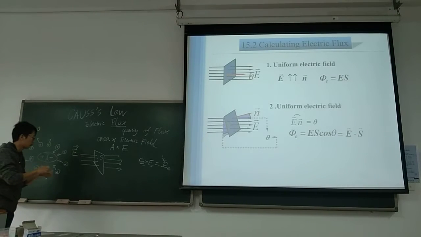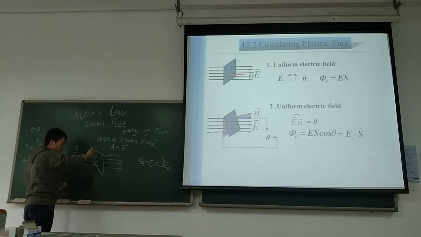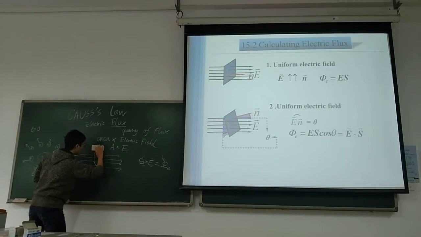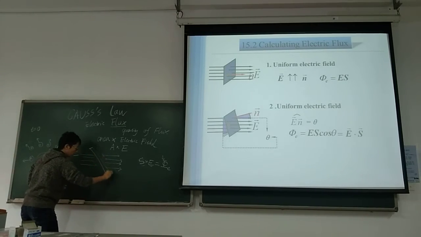That is a special situation. If the electric field is not vertical to the surface, there is some angle between the surface and the electric field.